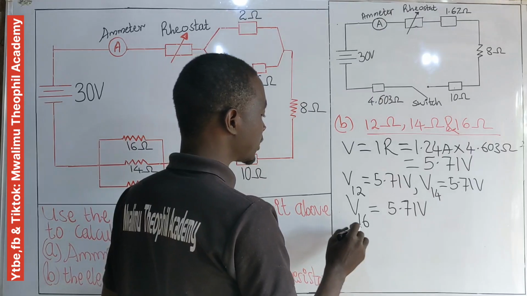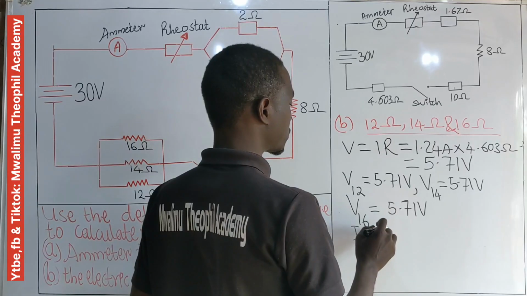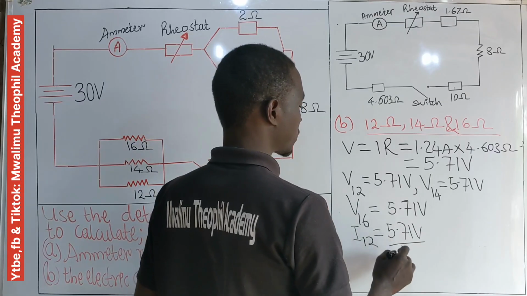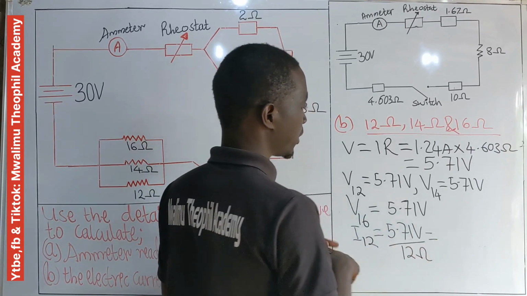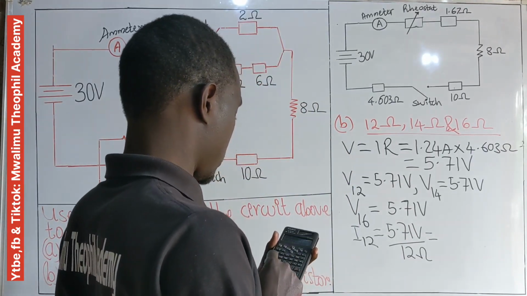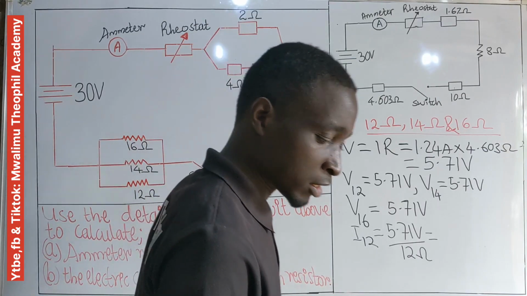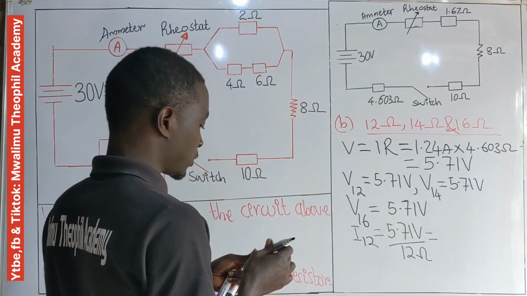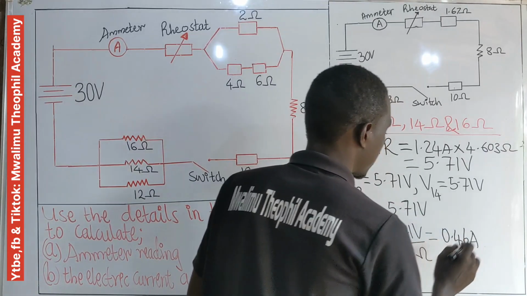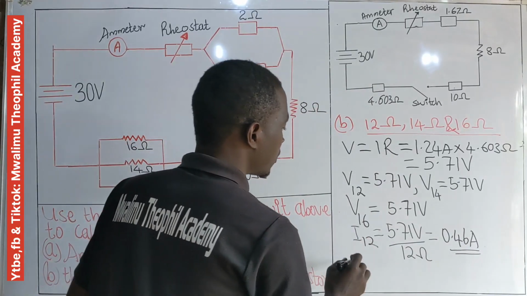Now, the current in the 12 ohm resistor will be equal to its voltage, 5.71 V, divided by its resistance, 12 ohm. 5.71 divided by 12, we get 0.46 ampere. This is I12, the current in the 12 ohm resistor.